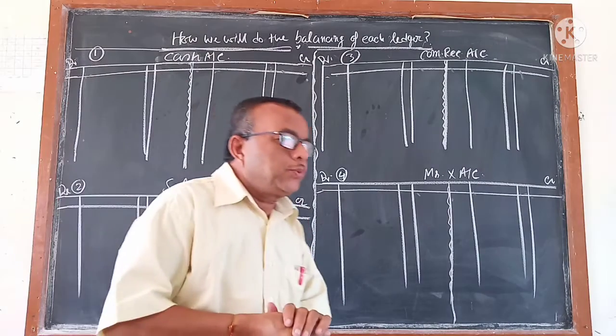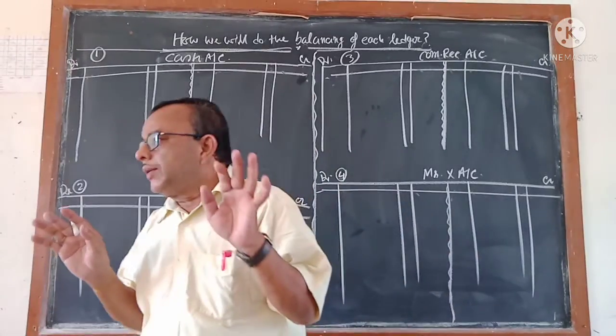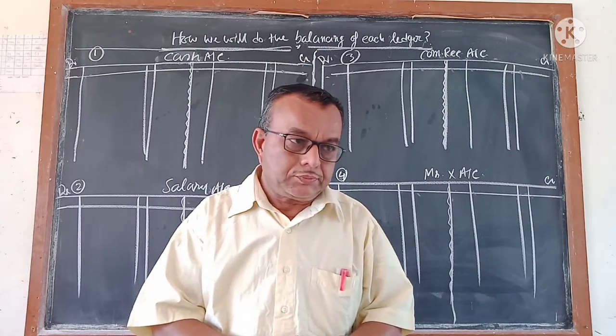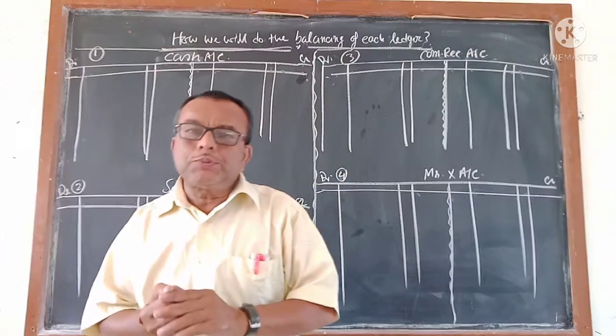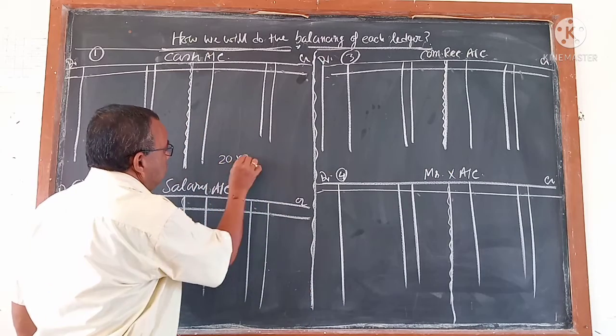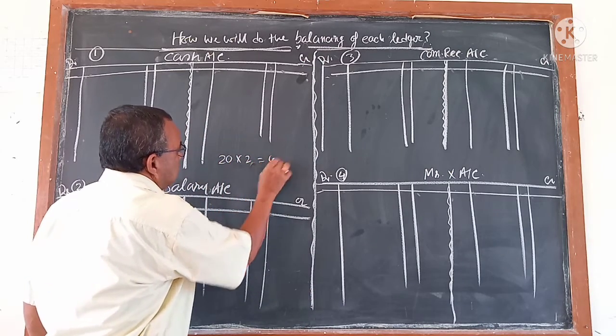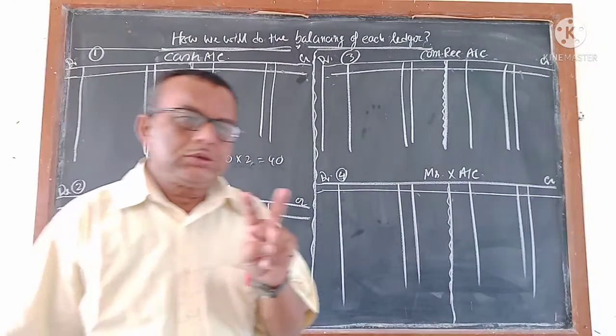Suppose I have given you 20 journals and told you to do the ledger posting. In 20 journals, you will get 20 into 2 is equal to 40 accounts, because each journal entry gives 2 accounts.